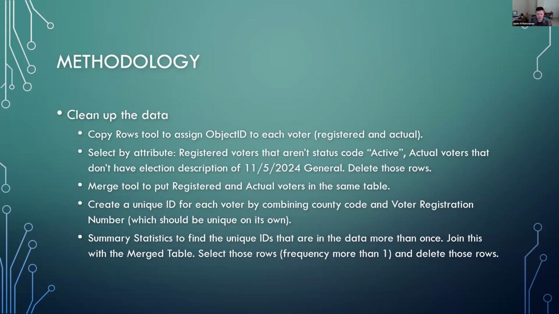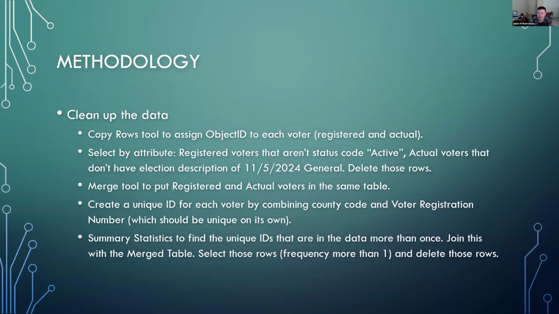So I had to pull each individual county record of voters, merge them all together, and then start actually doing things. I copied the rows of those databases to assign an object ID in GIS because it wouldn't work otherwise. Then I filtered out any registered voter that wasn't status code active, which means they have participated in one of the last two federal elections.